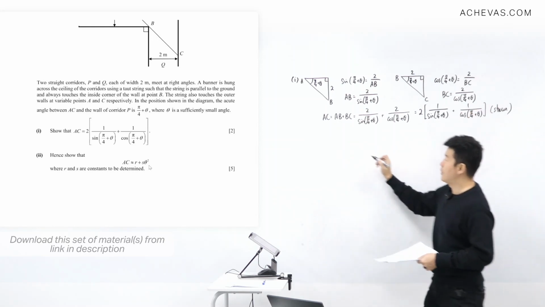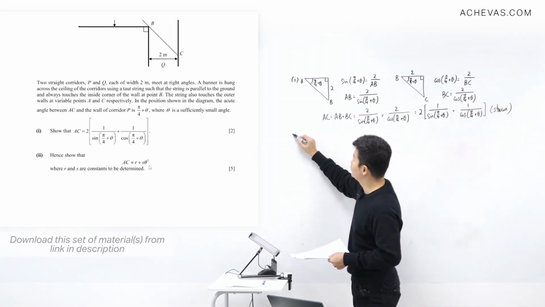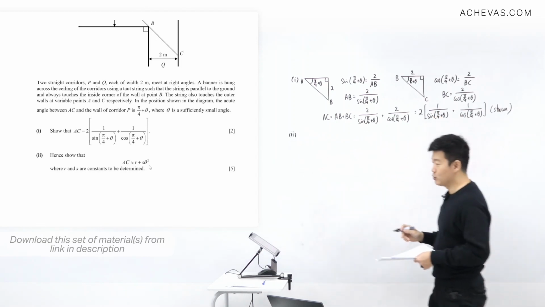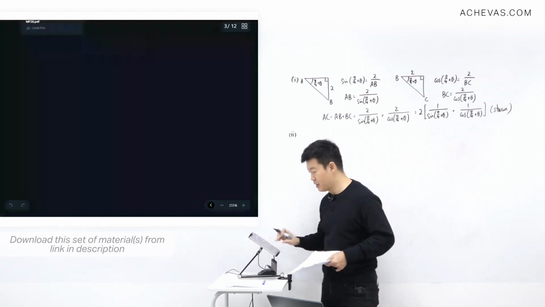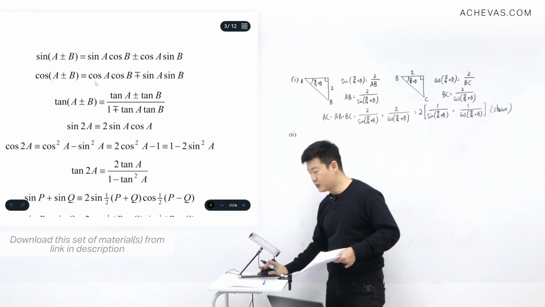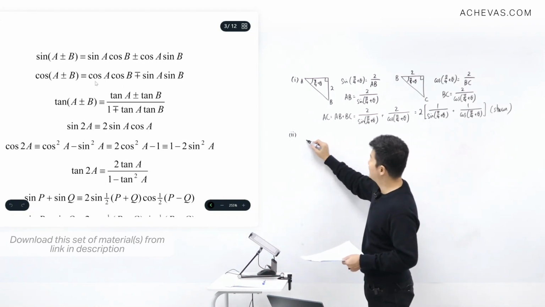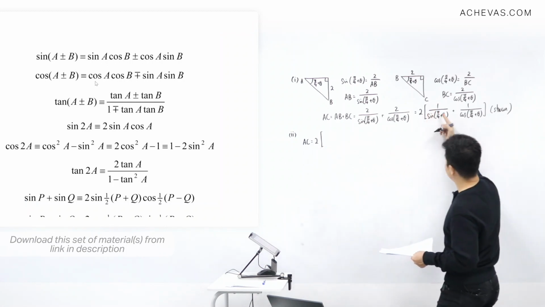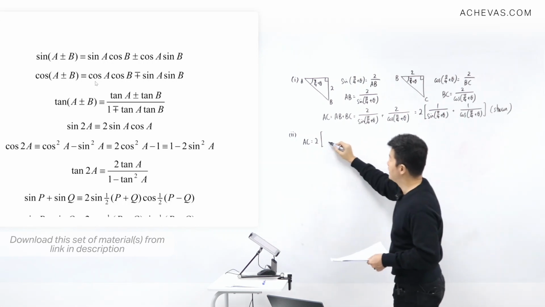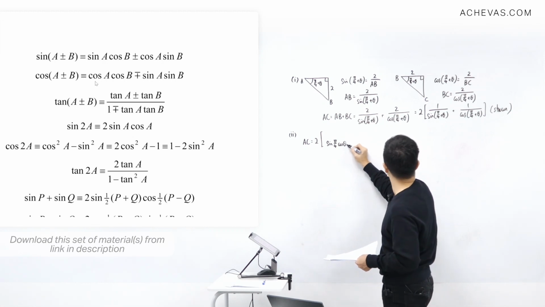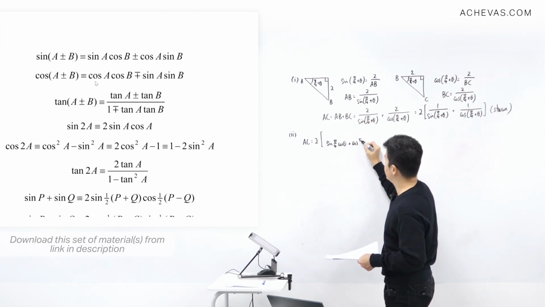expansion for this. I'm not going to expand it first, but what I'm going to do is just re-express the denominator by making use of trigonometric identity again. I'm going to make use of this identity here. The first two, I'm going to be making use of this. So AC is going to be 2 times 1 over this, where I make use of the first identity, which will give me sine pi over 4 cosine theta plus cosine pi over 4 sine theta.